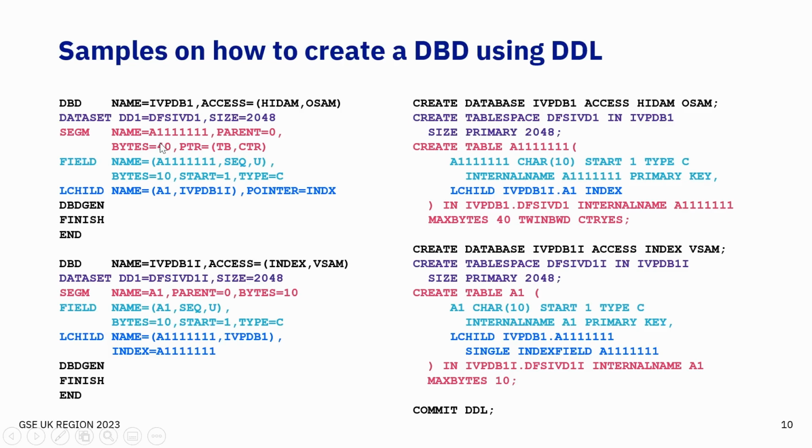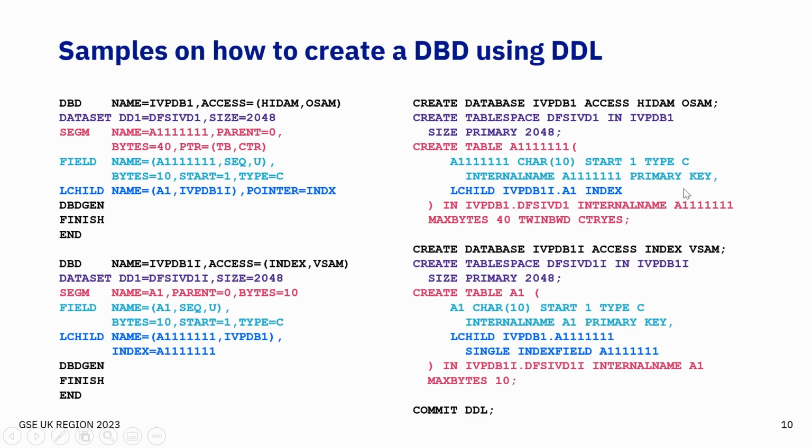The segment name is A11111. In DDL, we'd say create table A11111, and then open parentheses, and then inside of that, we've got the column definitions. And so there's the first column definition, A11111, character 10, starts in position 1, type character, and it's a primary key, and so on.